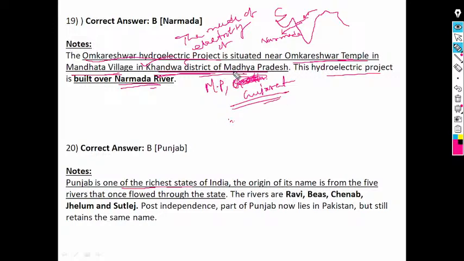Mainly Madhya Pradesh, and Khandwa district of Madhya Pradesh, built upon the Narmada river.